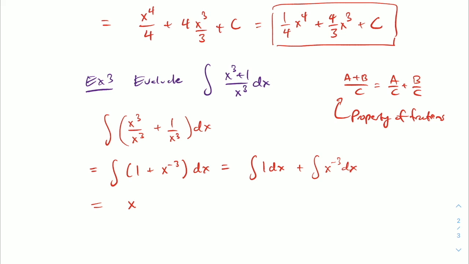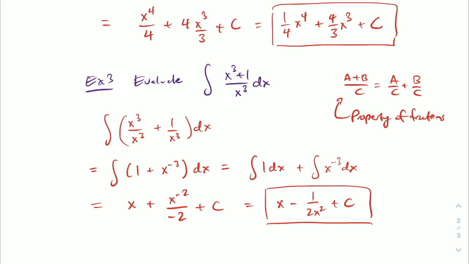Or you can just think, what function has a derivative of 1, and that is x. And then our second term will be x to the negative 2, adding 1, divided by negative 2, and then plus c. And we can rewrite this slightly if you don't like negative exponents, and you get this answer.